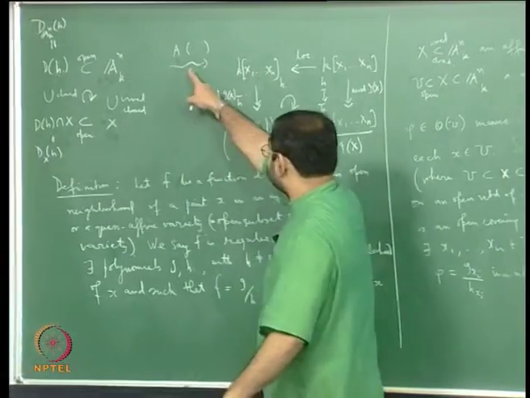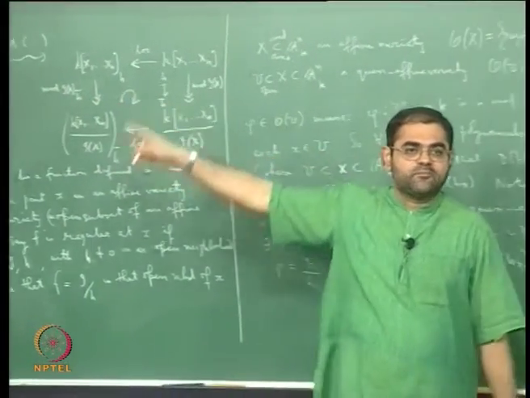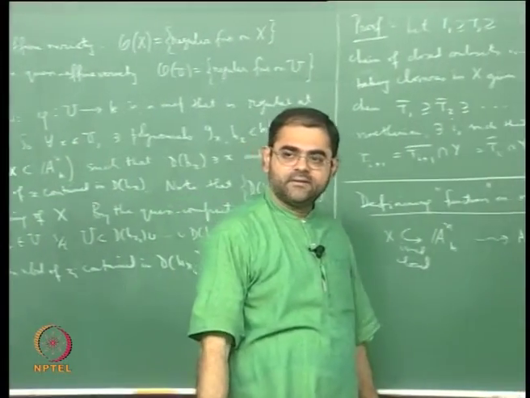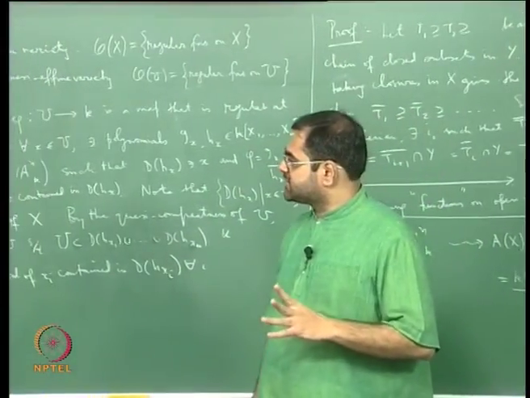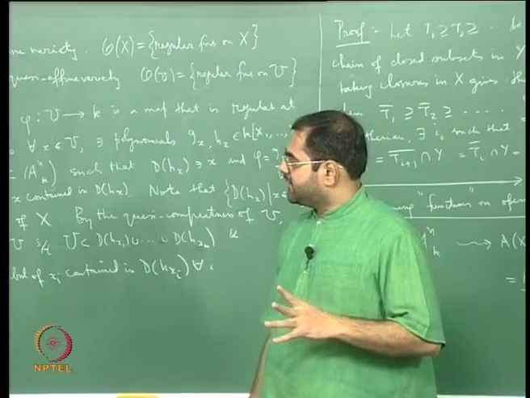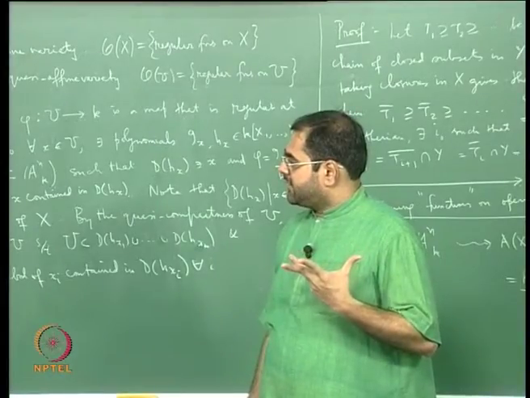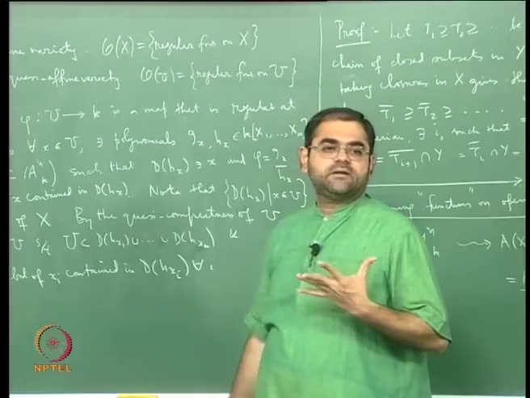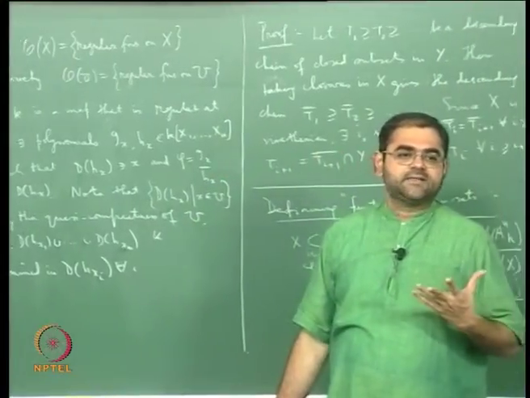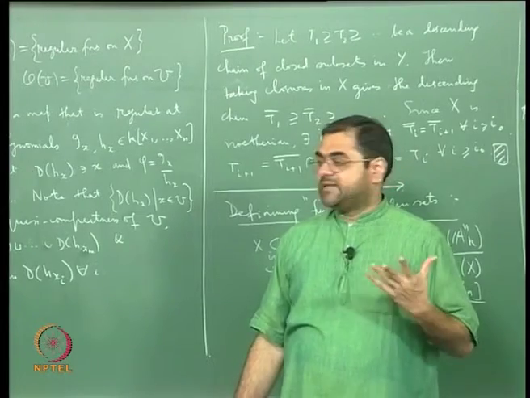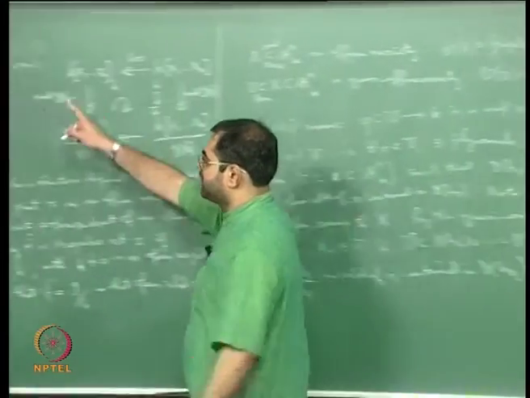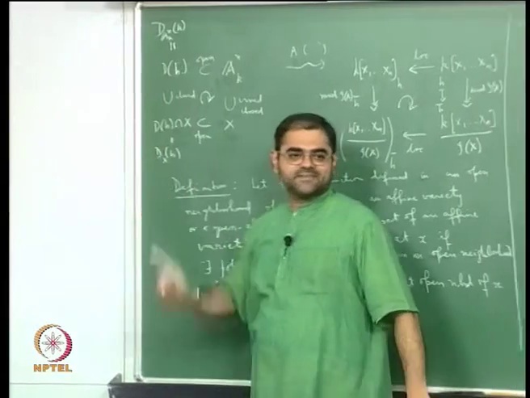The answer is that you will get exactly what you will get if you apply A. That's the beautiful thing. The sophisticated way of saying that is that all four are actually affine varieties.